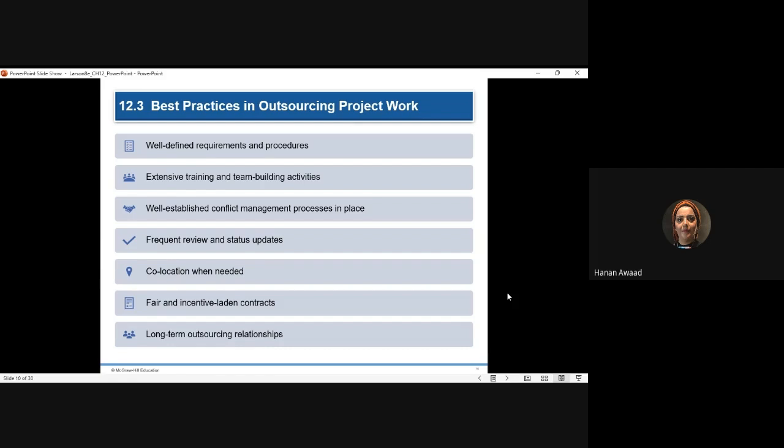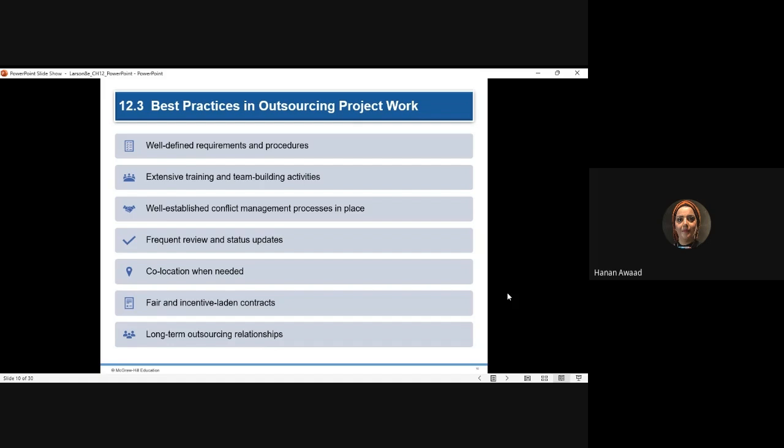When we discuss the contracts later, we can see that we have different types of contracts. So again, we choose the contract type that will guarantee the best relationship possible with the contractor.